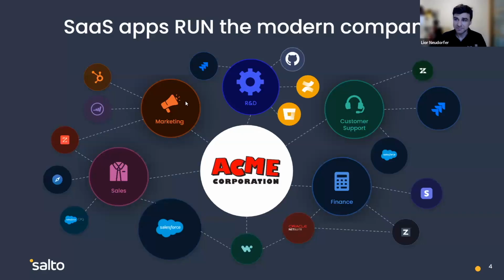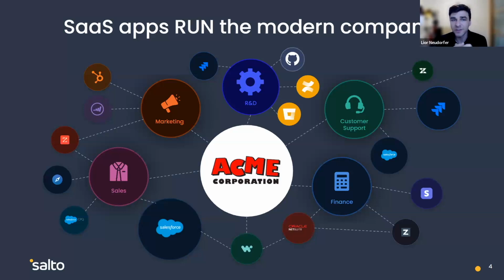Okay, let's start with the big picture, and let's talk about SaaS applications. You're Jira admins, but Jira is one part of your company, right? Any modern company runs on various SaaS applications. Jira, maybe for R&D, and Salesforce for your sales team, Zendesk for your customer support, maybe NetSuite for finance.